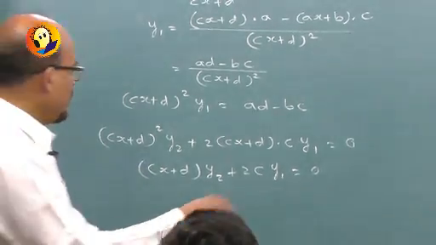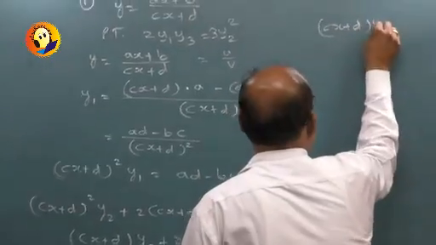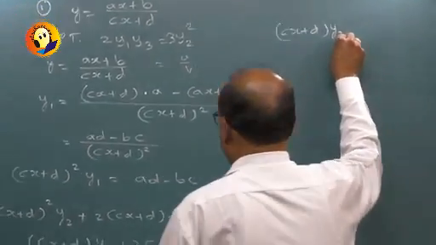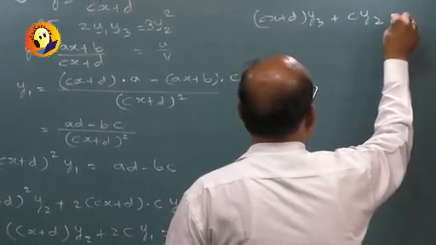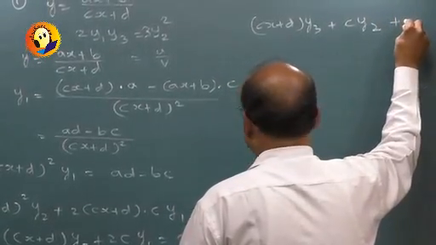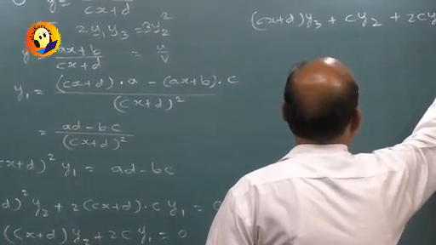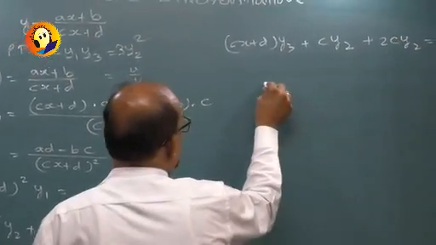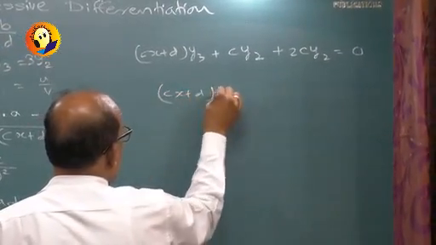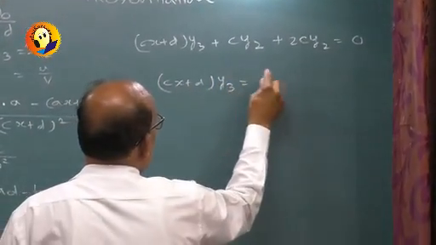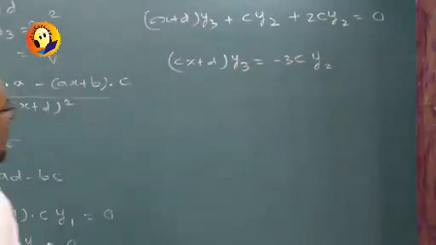If we again differentiate, what do we have? (cx plus d) y3 plus c y2 plus 2c y2 equal to 0. So we get (cx plus d) y3 equal to minus 3c y2.